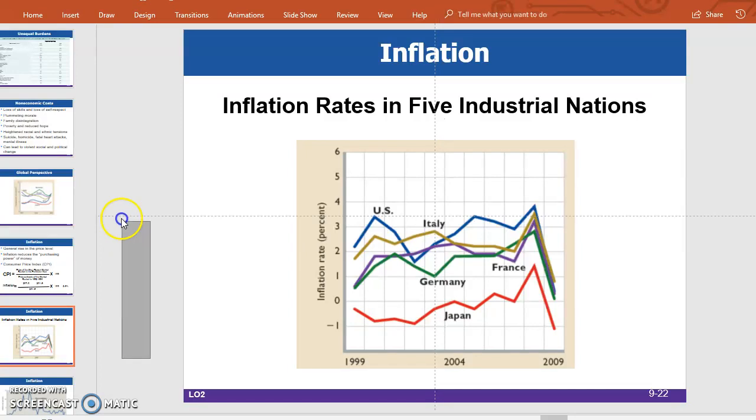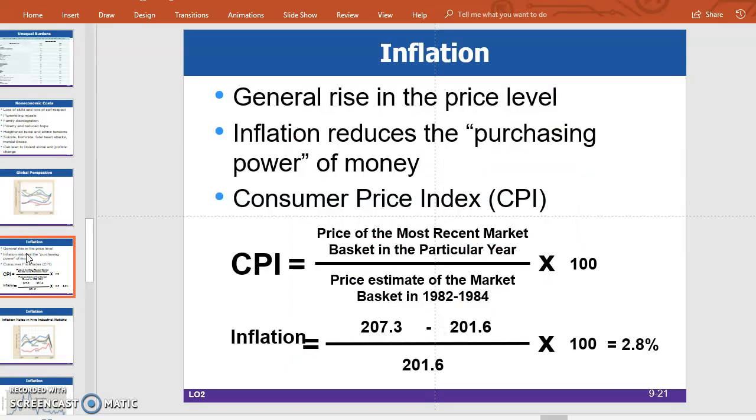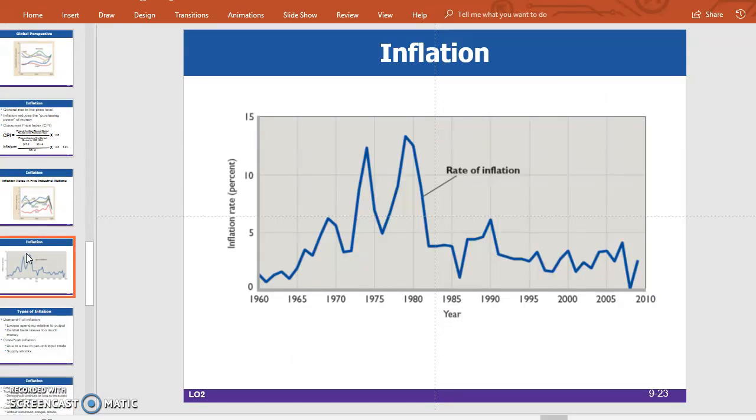Now let us go to the next slide. This one is telling us about inflation from the 1990s to 2010. Since the 1990s to 2010, CPI inflation is less than 5%, actually less than 4%, as we have just seen. Inflation was a big problem in 1972-73. Remember the oil shock?